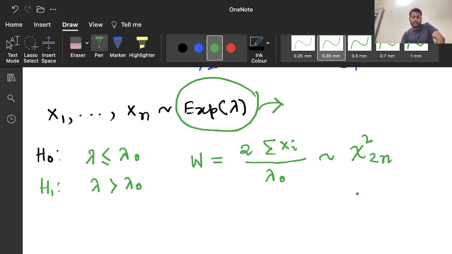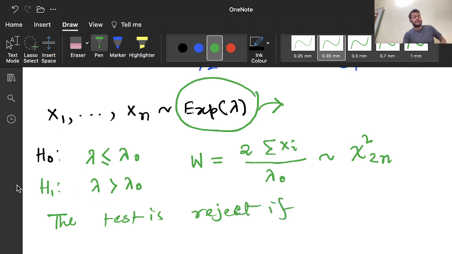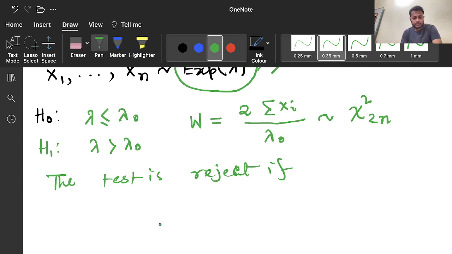Why is it opposite? If you do the most powerful test as we have done in previous classes, you will see that if the alternative hypothesis is lambda greater than lambda 0, then the rejection region is: reject if w is less than or equal to chi-square 2n at the 1 minus alpha point.